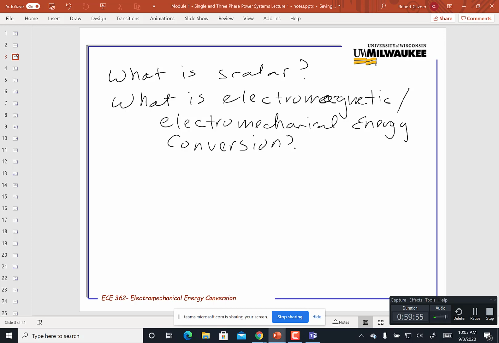In one way of thinking of it, you have mechanical energy. You start with mechanical energy, something that's moving, and that moving part is magnetic, and so essentially as you move it, you convert the mechanical energy into magnetic energy.